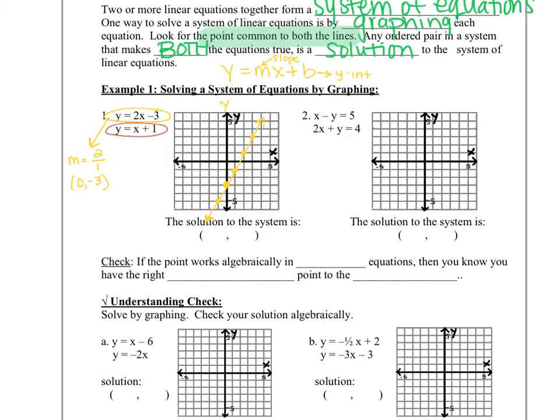This one's slope is 1 over 1 because there's nothing in front of the x, and nothing represents 1x. The y-intercept is 0, comma 1, which is the b on the end. So it's right here at 1, and it goes up 1, over 1, up 1, over 1, and so on, and you work it backwards.